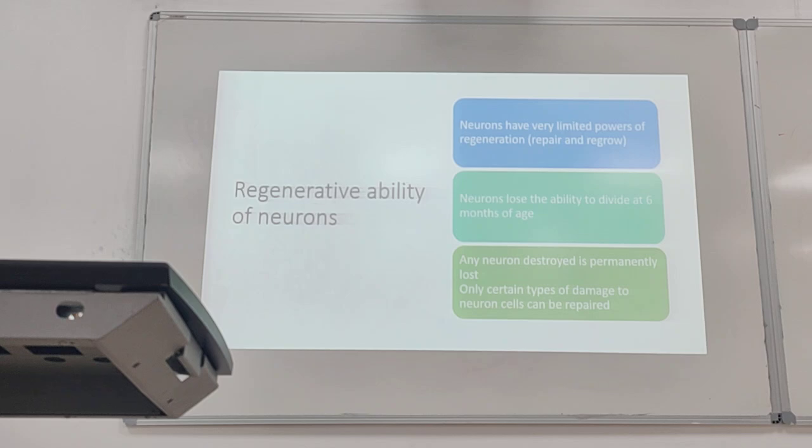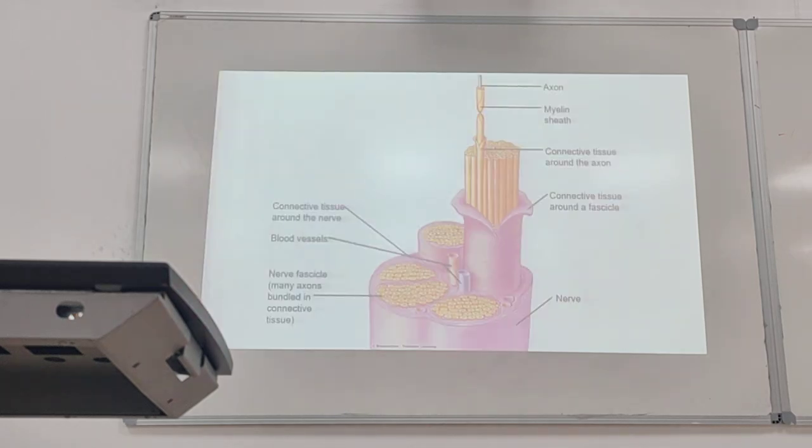Okay, so I'll go here and I'll come back. Now we are going to discuss that if nerve is damaged, what will happen. So basically, the nerves, they are like wires. So one small nerve fiber, many small nerve fibers, they are surrounded by connective tissue. Many such, they are together, and this all is one nerve.